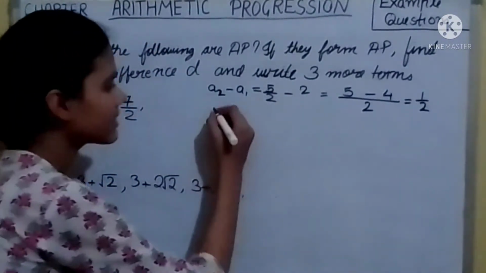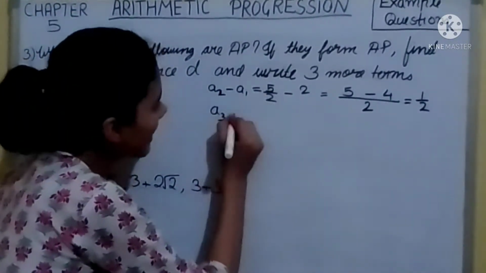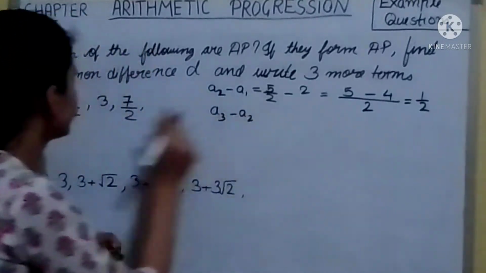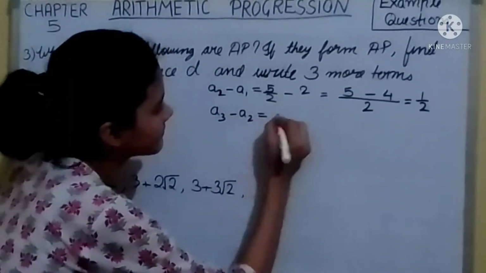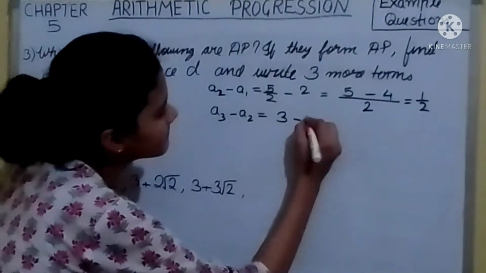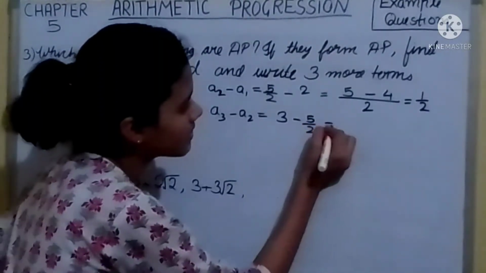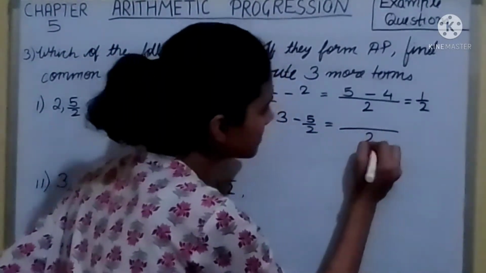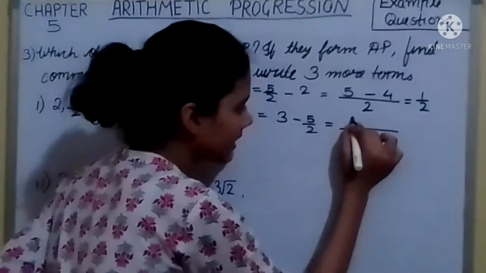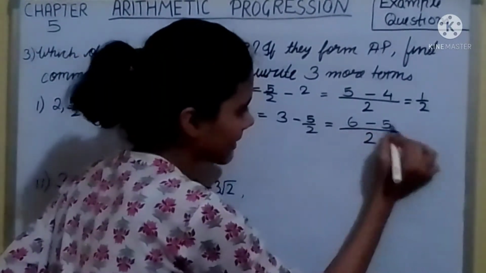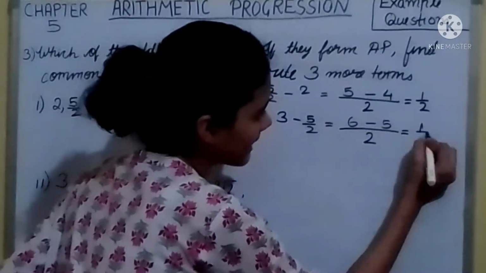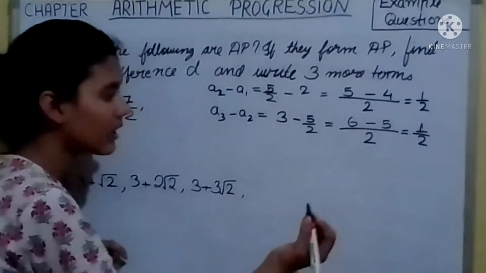Now let's move to the next. So a3 minus a2. a3 was 3 and a2 was 5 by 2. So here we will get 6 minus 5 over 2, which is 1 by 2. Again we have got 1 by 2.